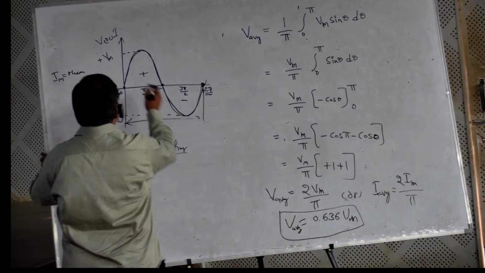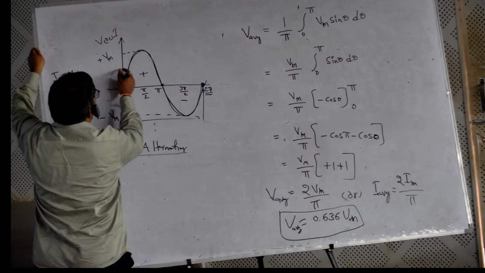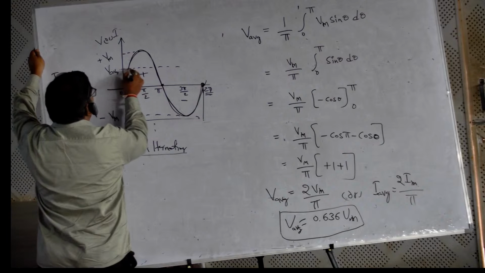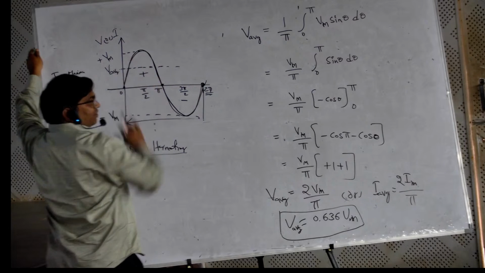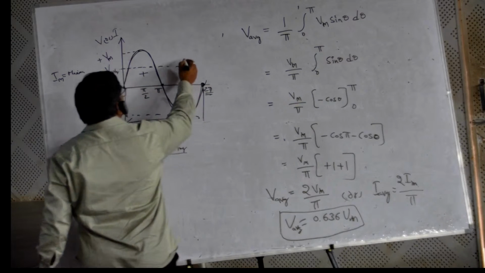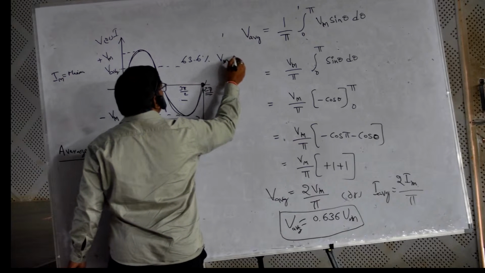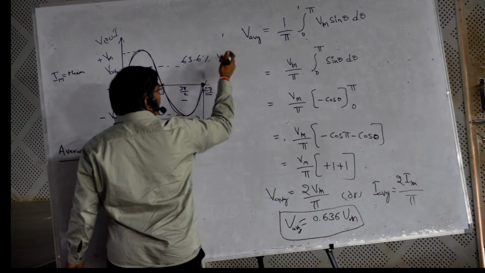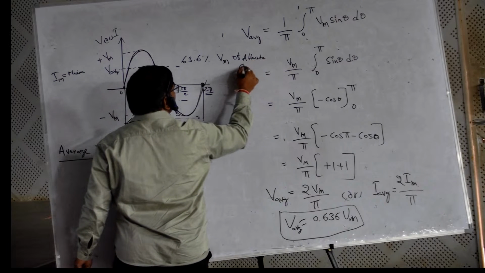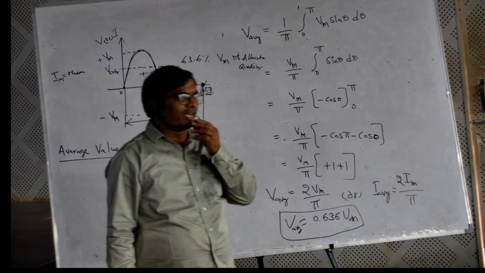If you take the maximum as 100 percent, you will get the average value at 63 percent, not 50 percent. So 63.6 percent of the maximum value of the alternating voltage will become the average value.